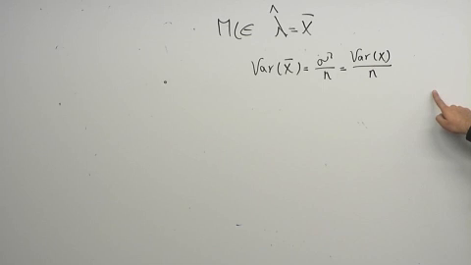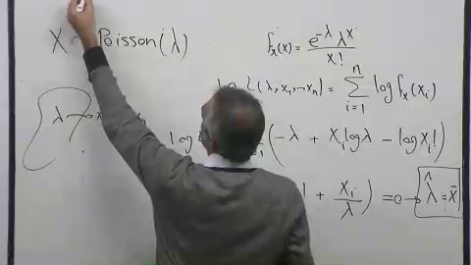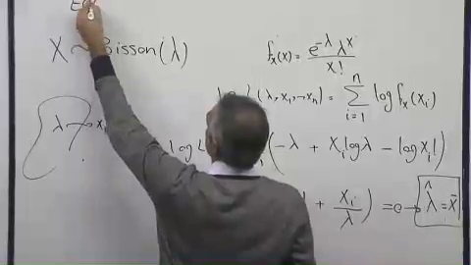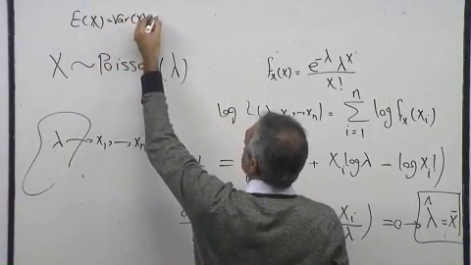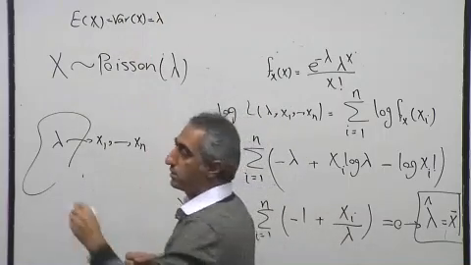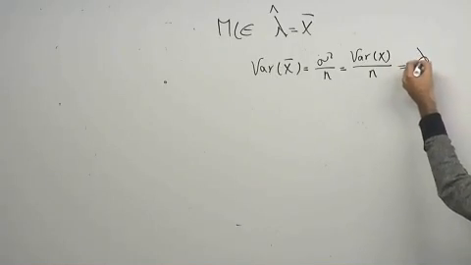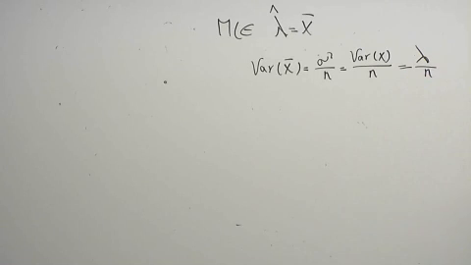Do you remember what is the variance of a Poisson distribution? Lambda, exactly. So for Poisson distribution, expected value and variance are both the same, equal to lambda. So this is lambda divided by n.